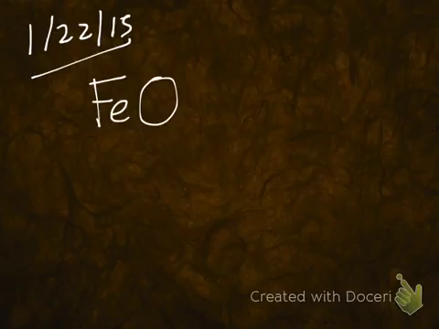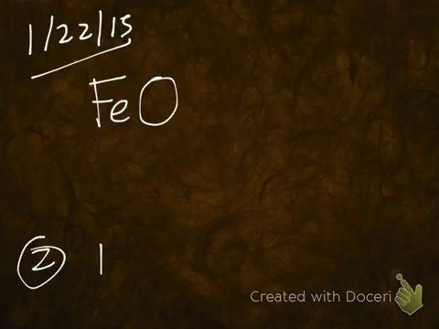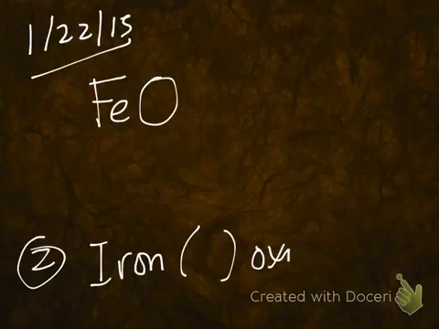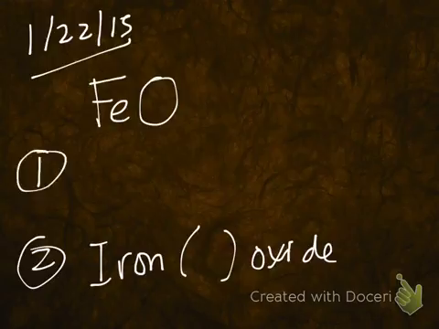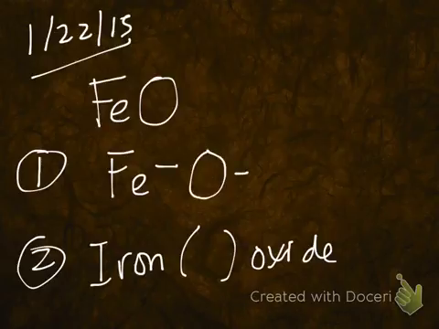So if you're using the training wheels, you will have started off by saying, oh, well, this is some form of iron oxide. I don't know which one, but it's some form of iron oxide. And then working backwards to do your reverse crisscross. We're looking for the charges. We know that iron will be positive, oxygen will be negative.